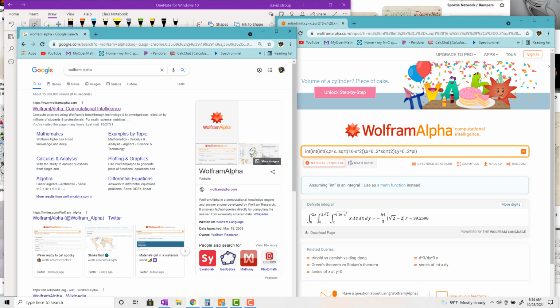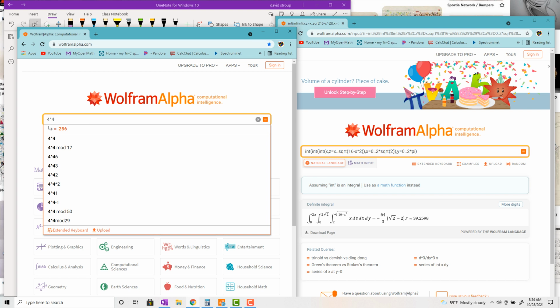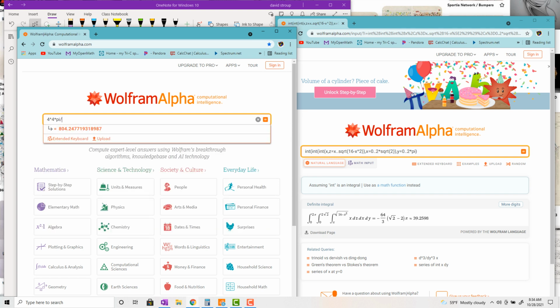Wolfram Alpha. So 4 to the 4th star pi over 3 minus this thing, which is negative 64, so it becomes plus 64 thirds times square root of 2 minus 2, parentheses, star pi, and of course I put 2 minuses in there.